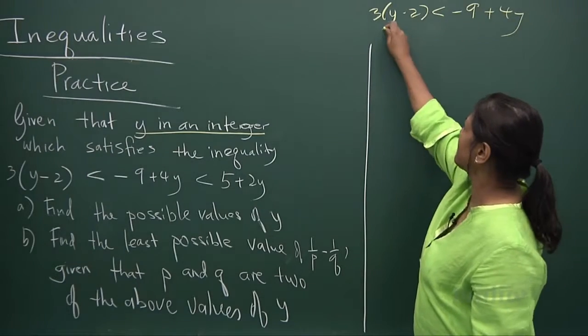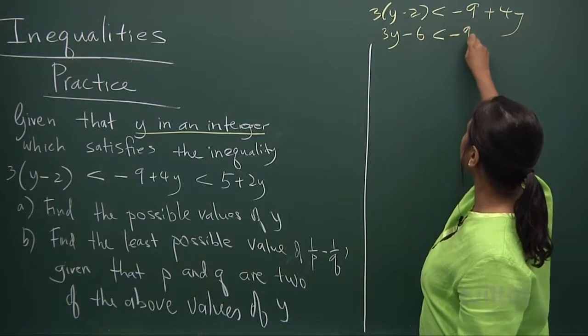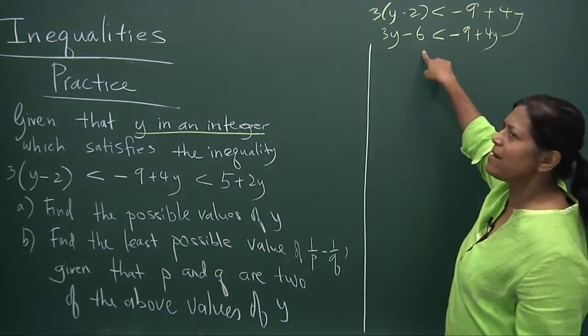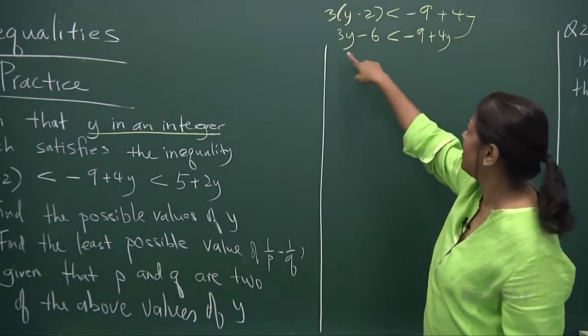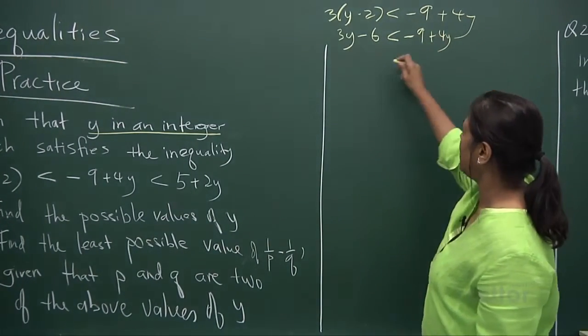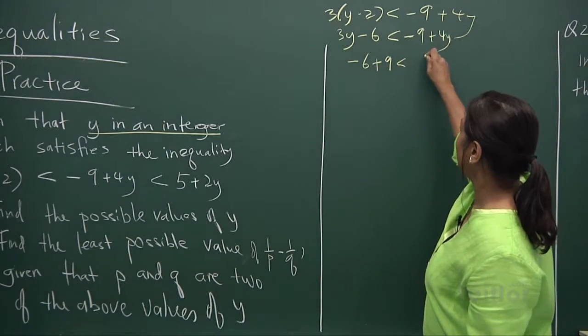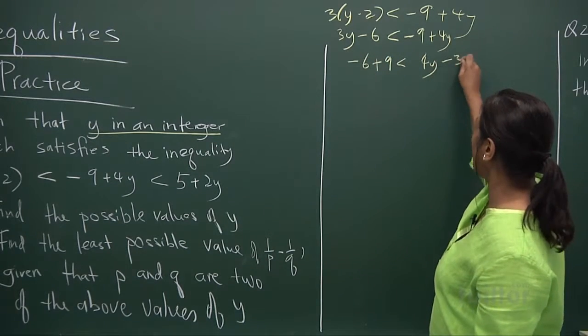When you open this up, you get 3y minus 6 here. Here you get minus 9 plus 4y. Bring your minus 9 over because I see a plus 4y. Bring a 3y over. So you get minus 6 plus 9. You have a 4y here, your plus 3y gets over there.